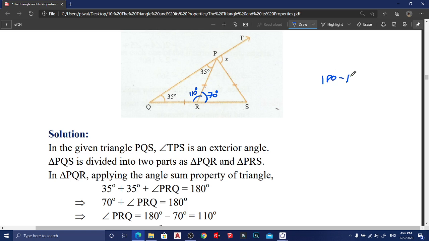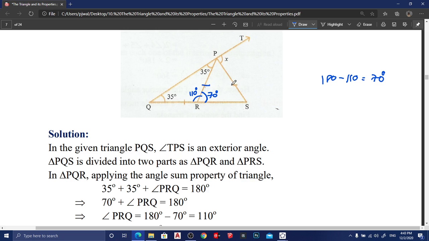So 180 minus 110 is 70 degrees. Otherwise, without doing this step, just by applying the exterior angle property to this triangle, you can find this as 70 degrees directly.